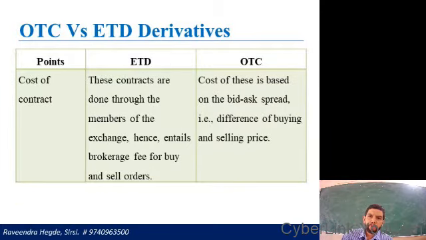Next, cost of the contract. In ETD, the contracts are done through the members of the exchange, hence entail a brokerage fee for buy and sell orders. You need to pay a small amount as a brokerage for buying or selling the underlying.